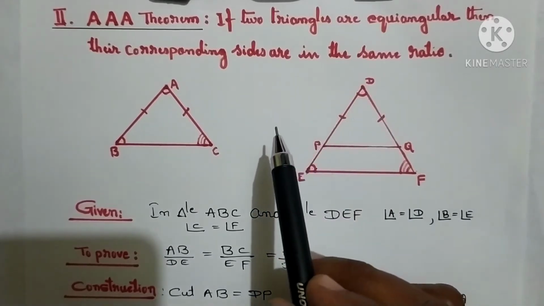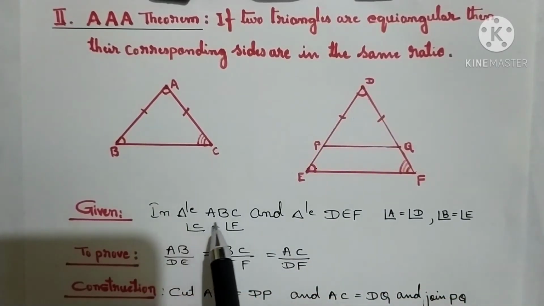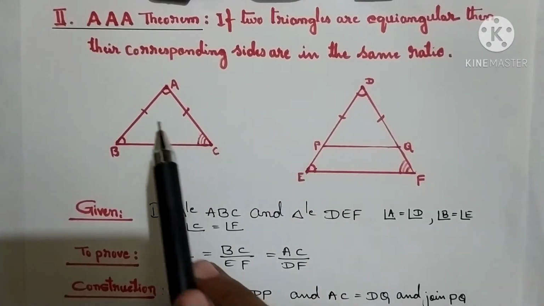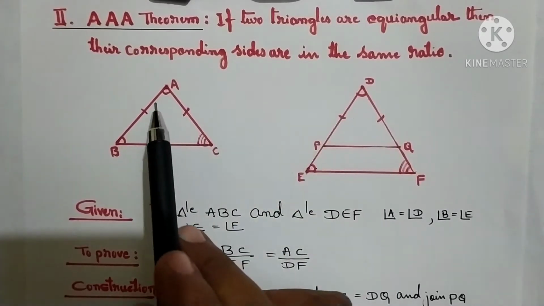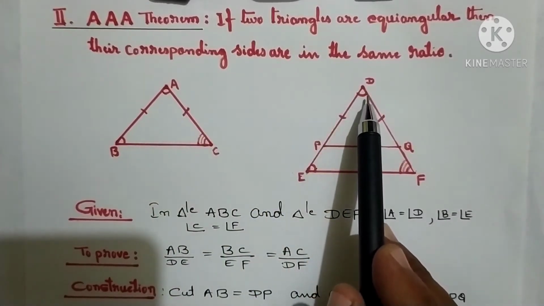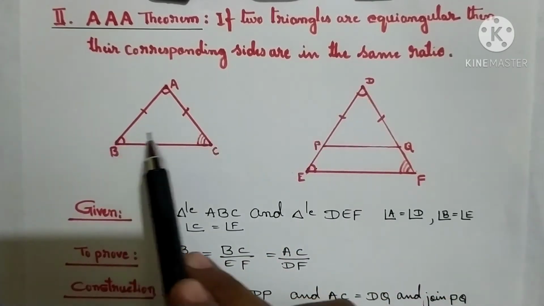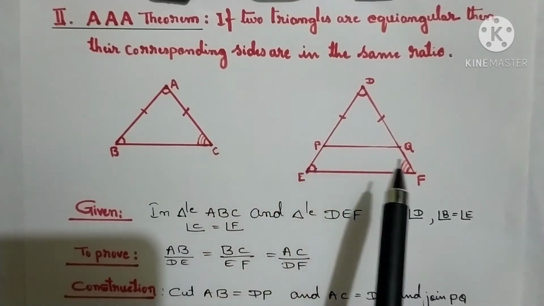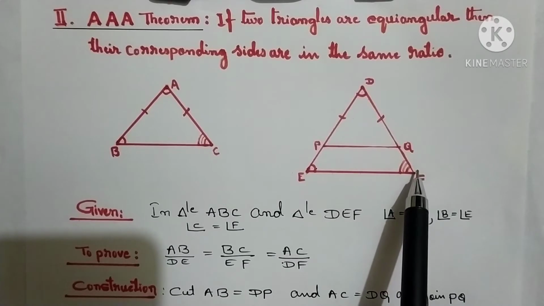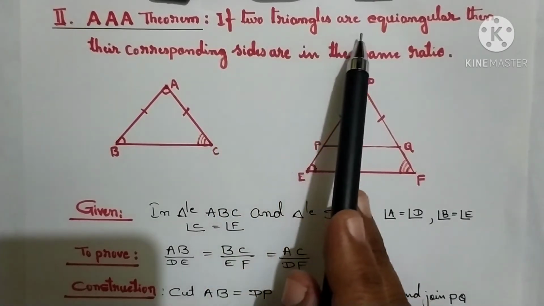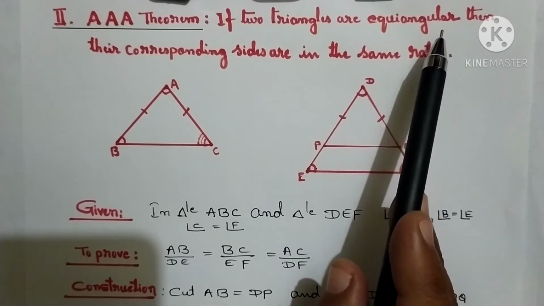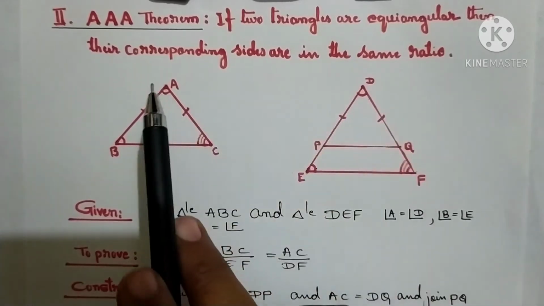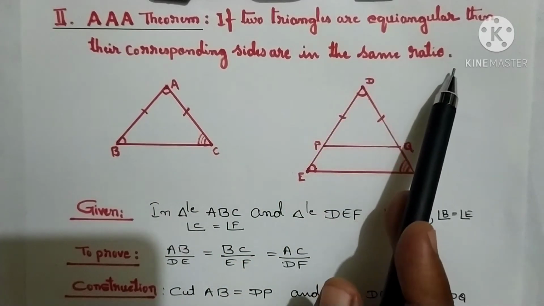Given in triangle ABC and triangle DEF, angle A is equal to angle D, angle B is equal to angle E, and angle C is equal to angle F. So all these points are given here, if two triangles are equiangular, then their corresponding sides are in the same ratio.